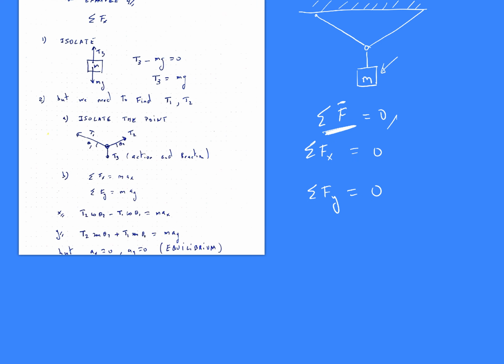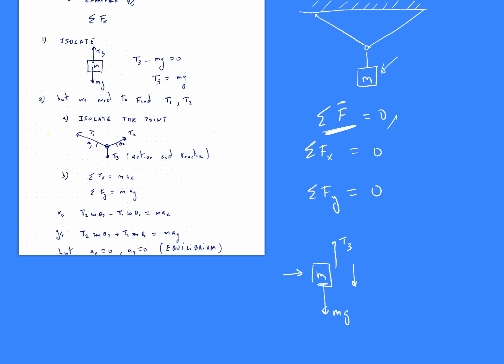If we apply to the mass m the sum of all the forces, we will conclude that there is a force pulling down, mg. There is a force going up, an unknown force, T3 we call this force. And the sum of all the forces should be zero, otherwise the mass will accelerate downwards or upwards.